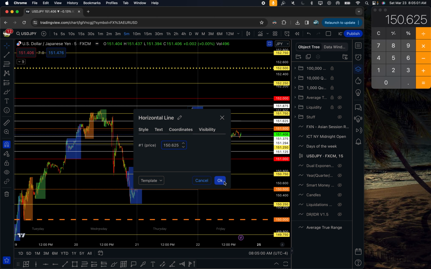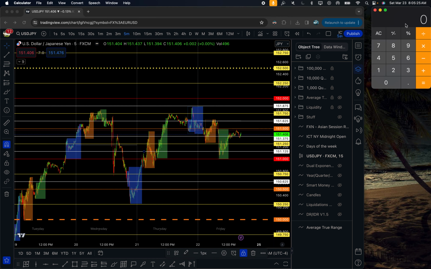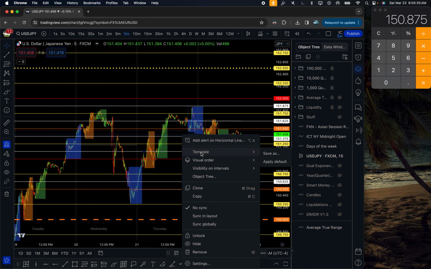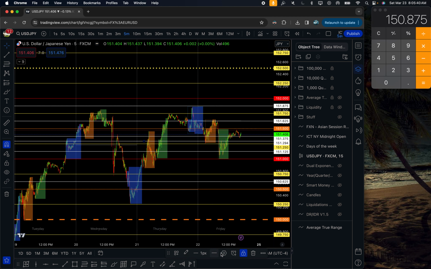I think we missed one. Actually, hold on. Yeah, my bad. The reason why I did that was because I was wrong. It's minus 0.25 because it's quarters, half quarters.